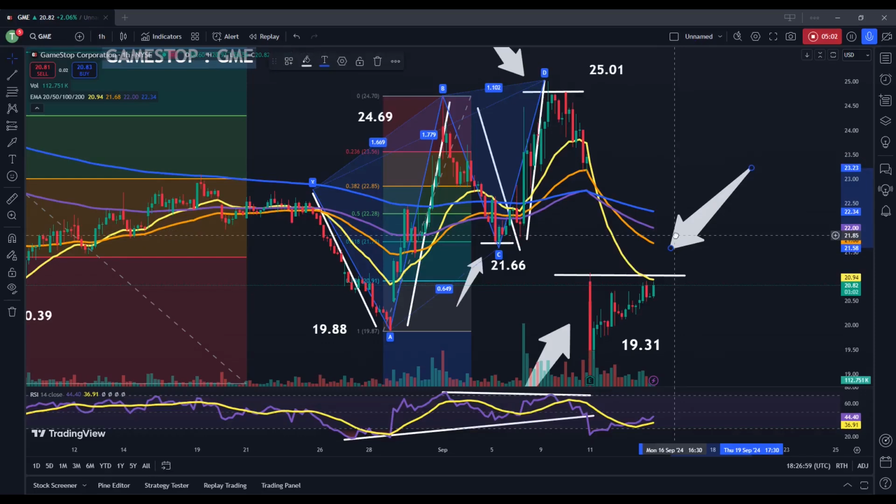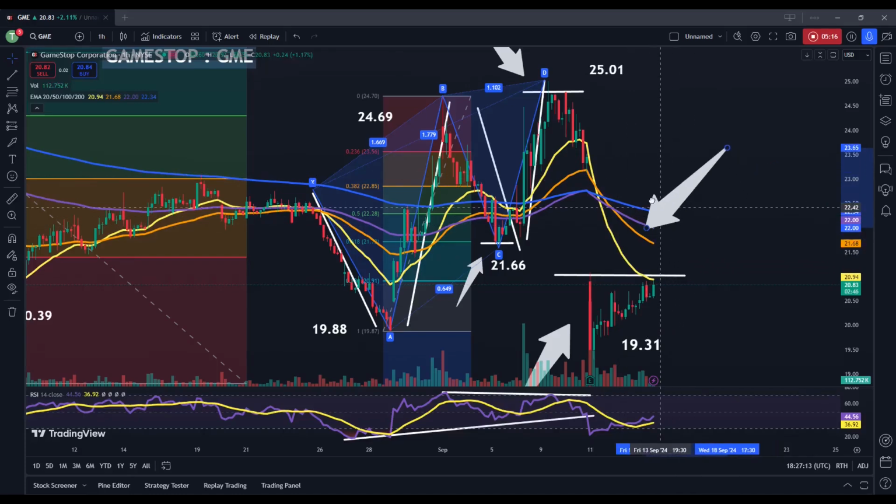But if we see a weekly close below this area, and a lack of share price movement here into the end of the week, there is then nothing to suggest that share prices will have the ability to generate the momentum that would be required to fill this price gap.